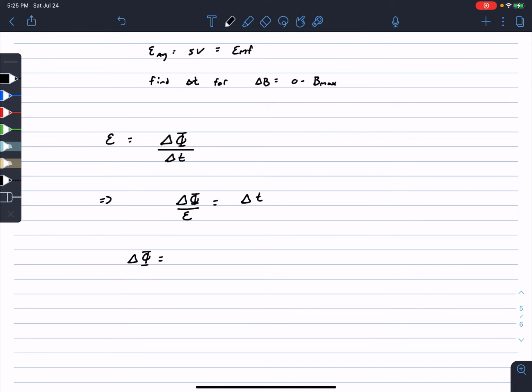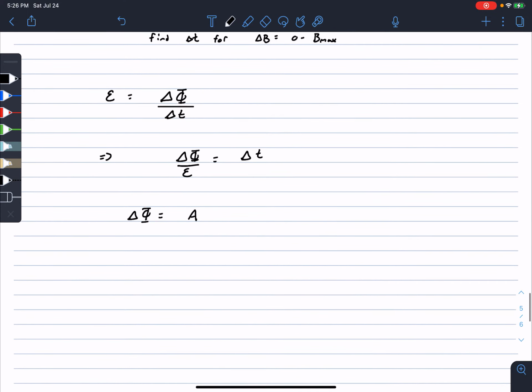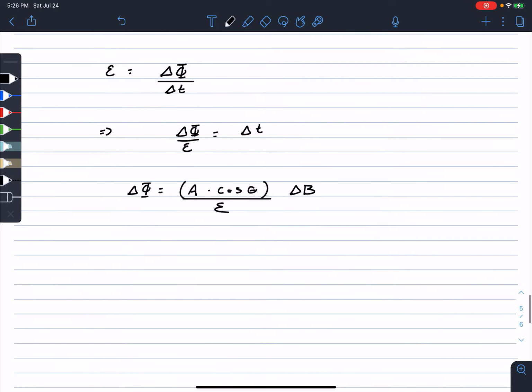And the change in the flux is going to equal, let's do this, the area of the coil does not change, right? The angle between the plane of the coil and the current carrying wire does not change. So those are the same. So times cosine of the angle, these do not change. The B field is what changes over our EMF, right?